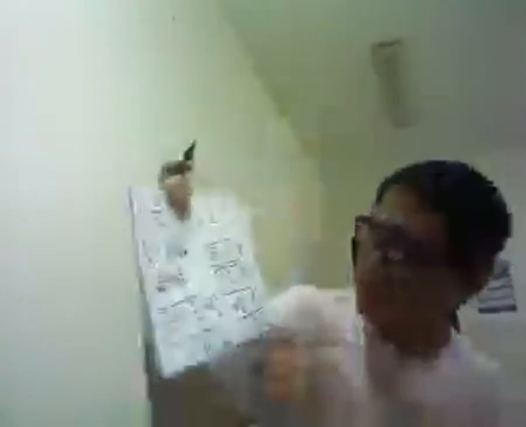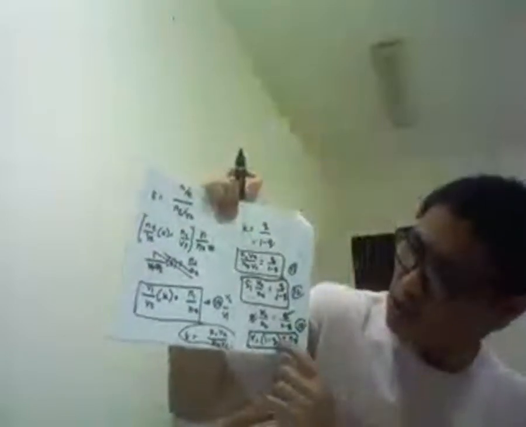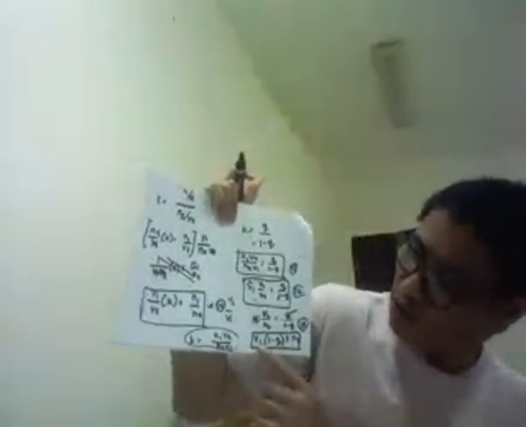So N2 is equal to V2, 1 minus Q. This is equation number 13. Then you can also solve for V2 is equal to N2 over 1 minus Q. This is equation number 14.